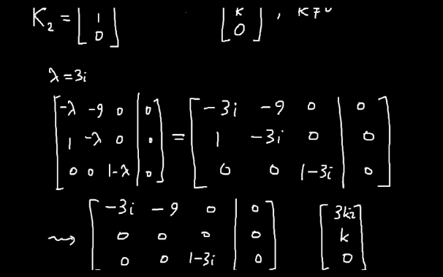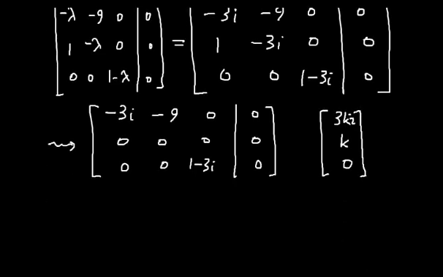Okay, and so out of this we can pick one of these vectors with one of the k values. So we'll pick k to be equal to 1, for instance, so we'll have 3i, and then we'll have 1 and 0.